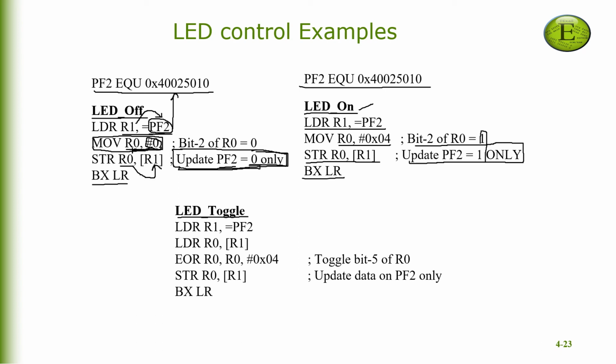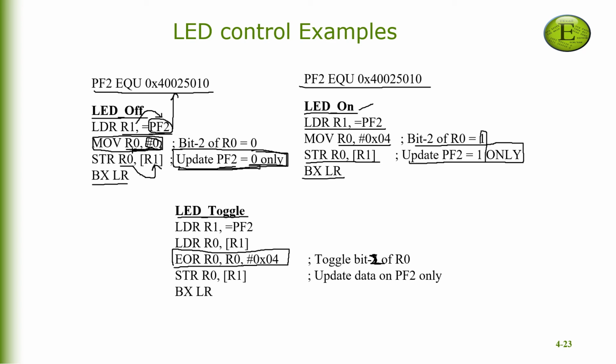Return to the caller. Toggle is the same program, except that we are going to use the exclusive OR on pin number 2. This is a mistake here, so pin number 2, please make this correction.